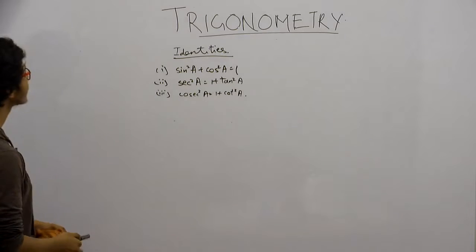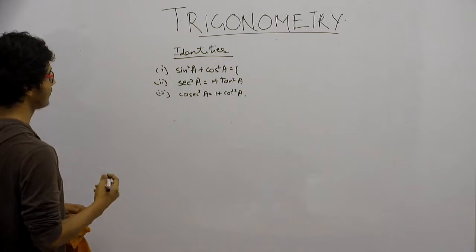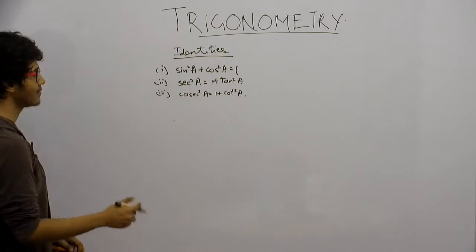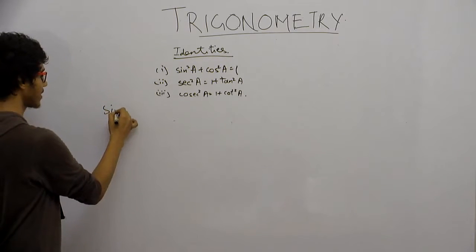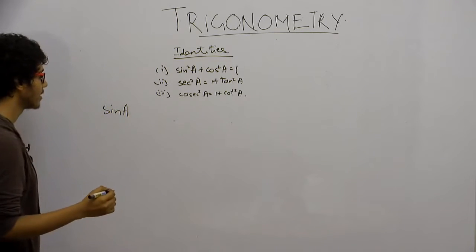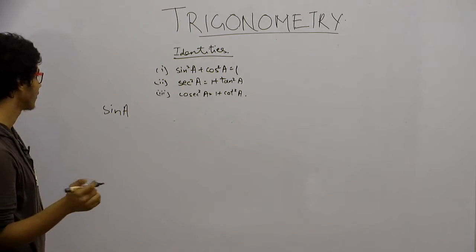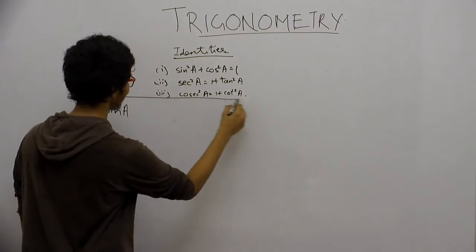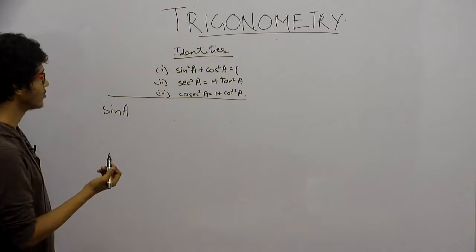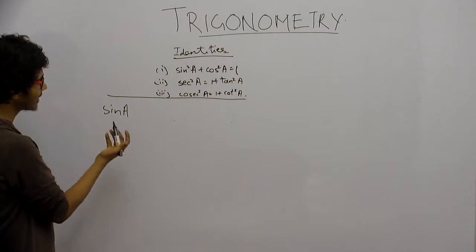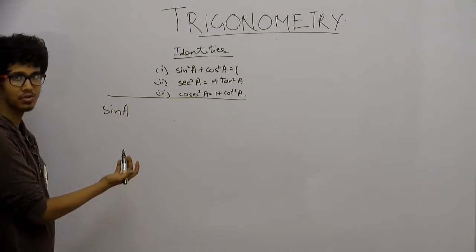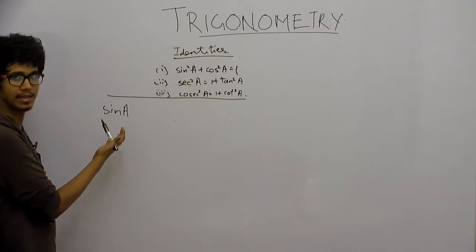Let's say we are given the value of sine A and only sine A, nothing else, and we have to find everything else. So just as an exercise, let's do that. We have to write every other trigonometric ratio in terms of this sine A. Okay.